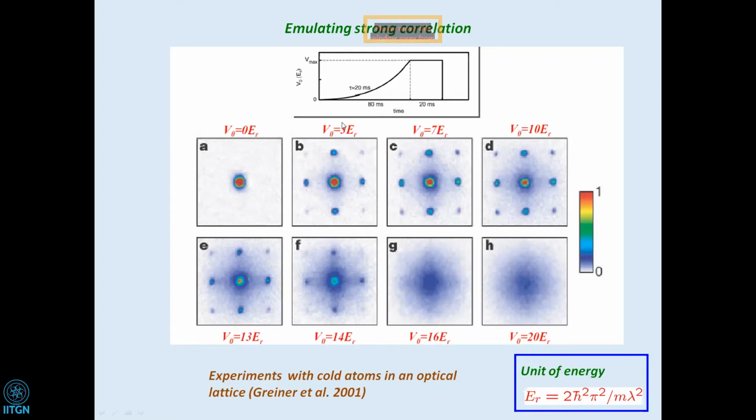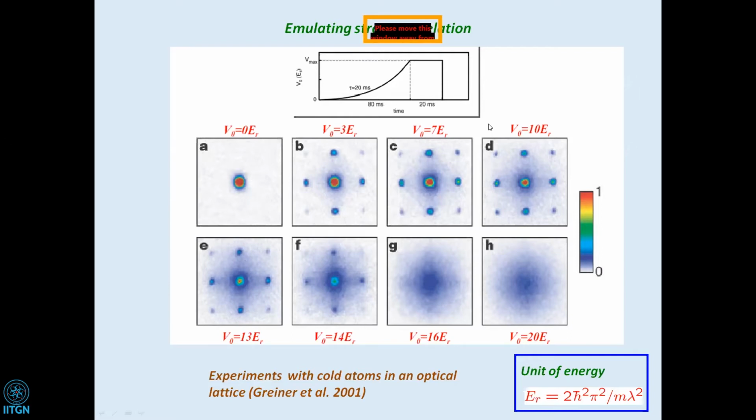Now the point here is the following. If this potential, which is V naught or V max, whatever you call it, is small, or zero for that matter, then all the atoms are in the BEC, sitting at roughly k equal to 0.